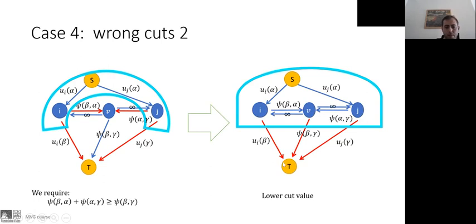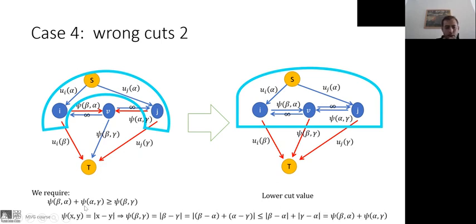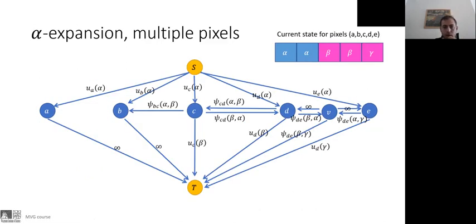Then I will always be able to choose this cut instead, which is valid, because it will give me a lower or equal cut value. An example for such a psi is the absolute difference between x and y, which has this attribute using the triangle inequality. So it's just something that we require from our psi.